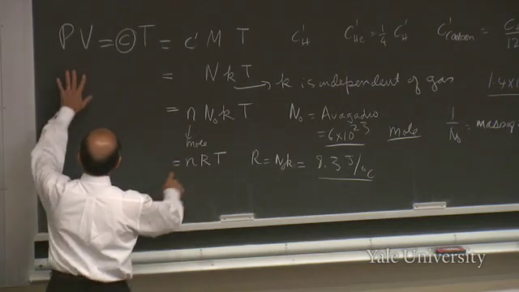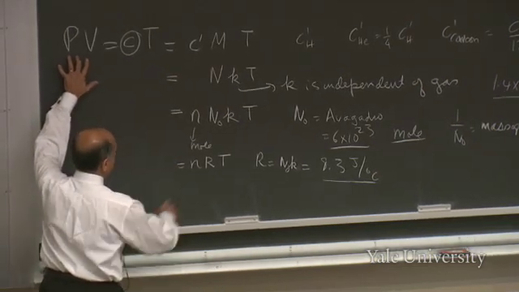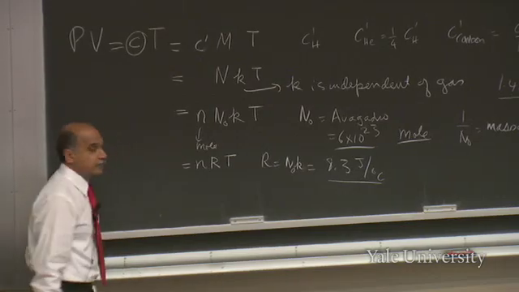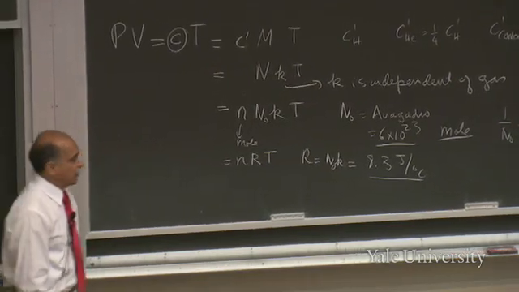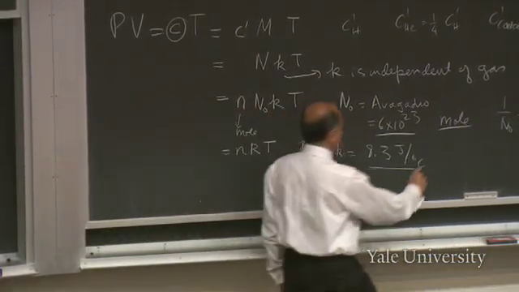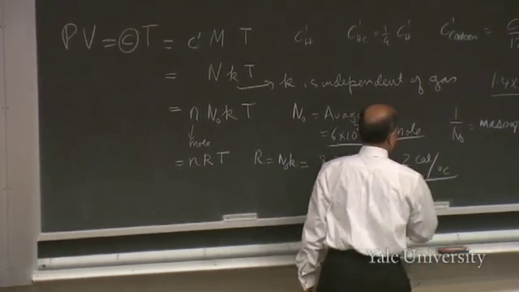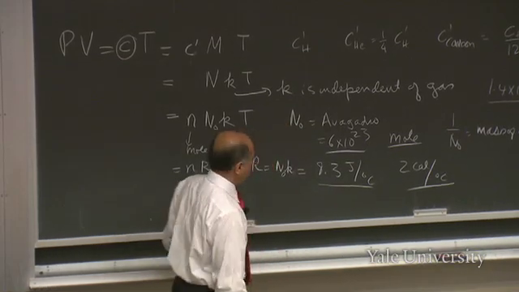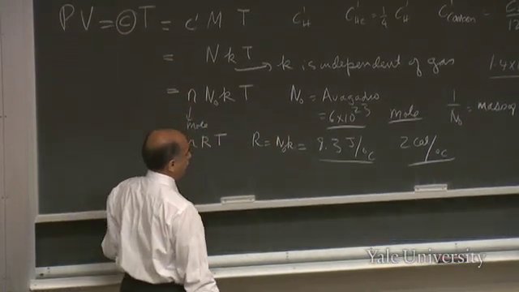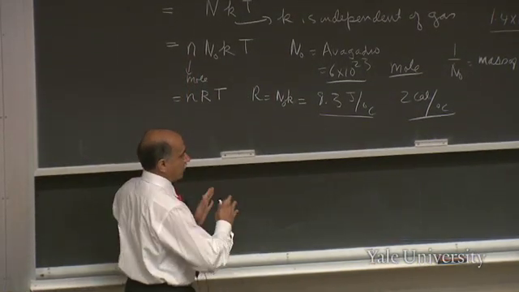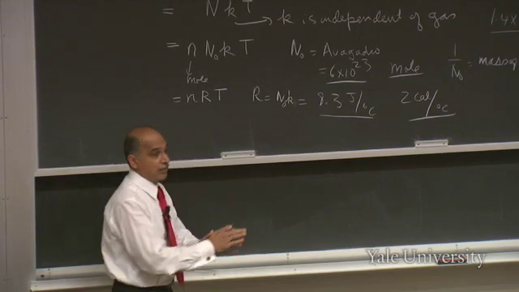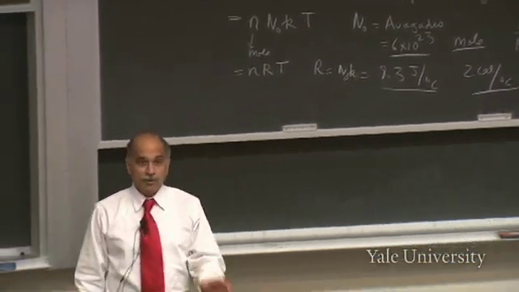The units for R will be PV, which is units of energy, divided by T. In terms of calories, I remember this nice round number, 2 calories per degree centigrade. Degree centigrade and Kelvin are the same. The origins are shifted, but when you go up by 1 degree in centigrade or Kelvin, you go up the same amount in temperature.